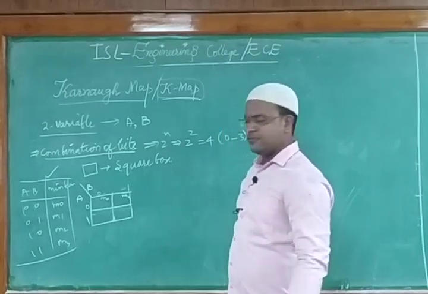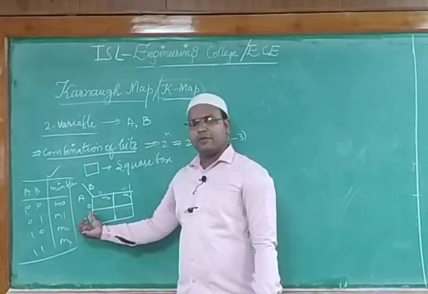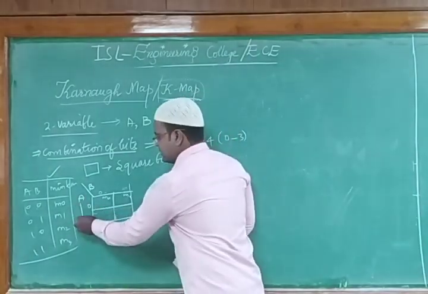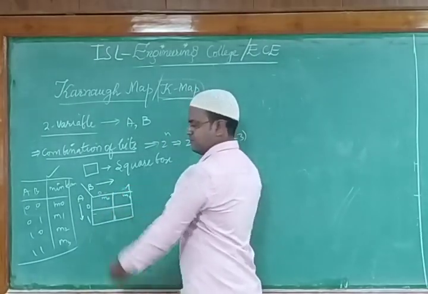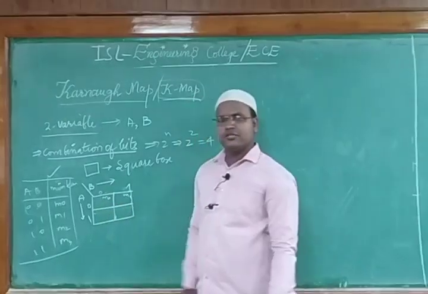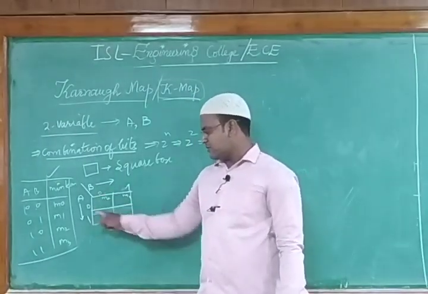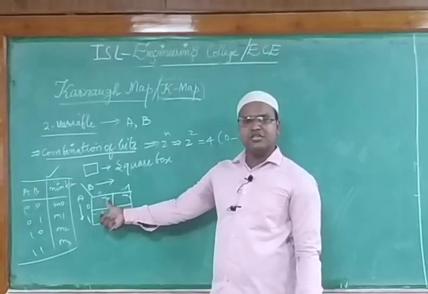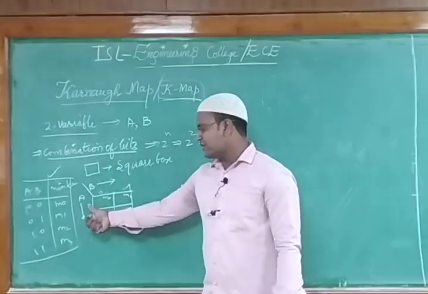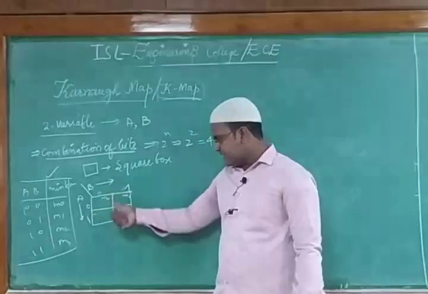Why am I taking it like this? Because A indicates this part. Whatever portion is there, this is for the A value. And this portion is for the B value. So what is this first box combination? 0 and 0. This first box consists of these two zeros. This is the min term M0. Likewise, we have the next one, 0 and 1, for the next box.